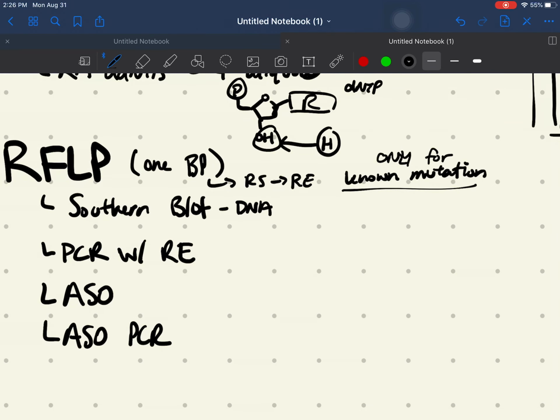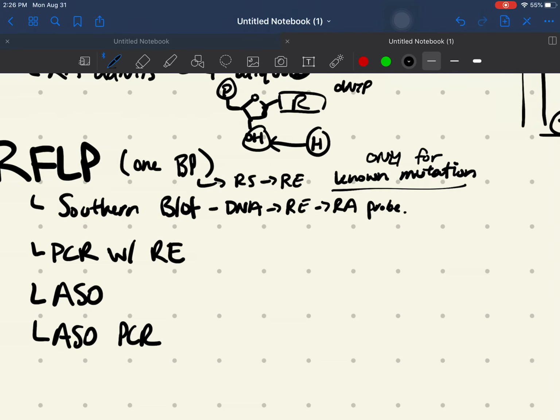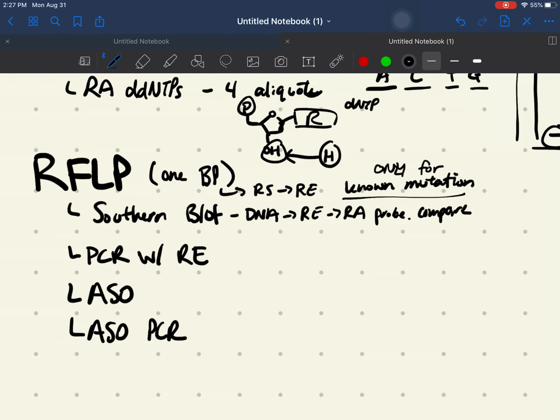Okay. So the first way you can do it is through Southern blotting. Basically, you isolate your DNA, and then you cut it up with a restriction endonuclease like you did before, and then you add in a radioactive probe to that area that you cut. Okay, and then you just compare the sizes. All right, so if you have different probes, then you can see different lengths on your gel.